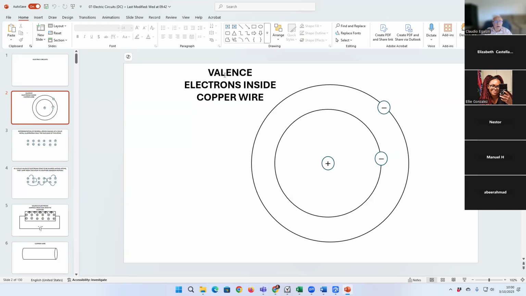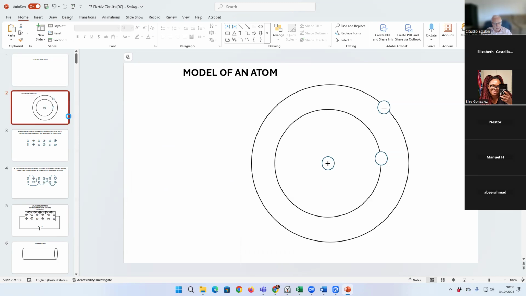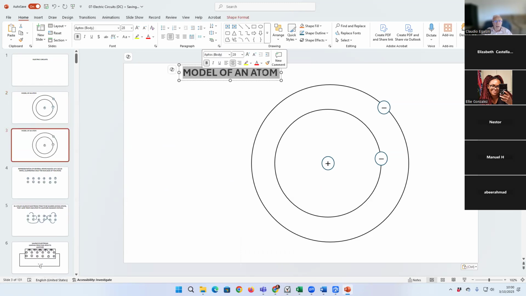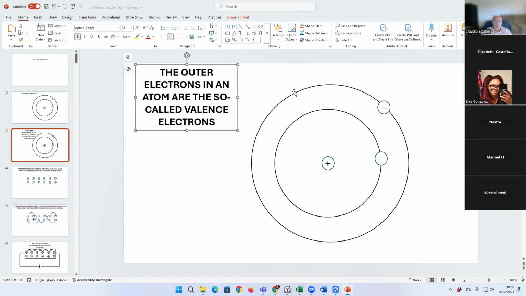We have to write down here, model of an atom: the outer electrons in an atom are the so-called valence electrons. A valence electron would be this one right here.